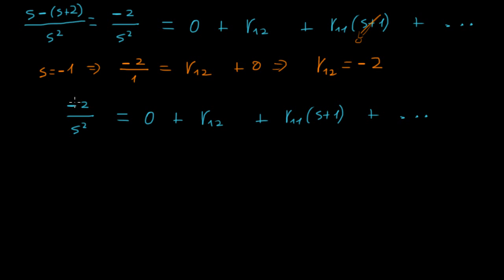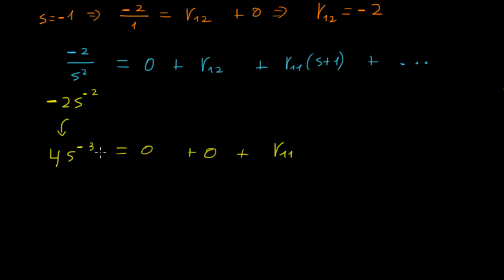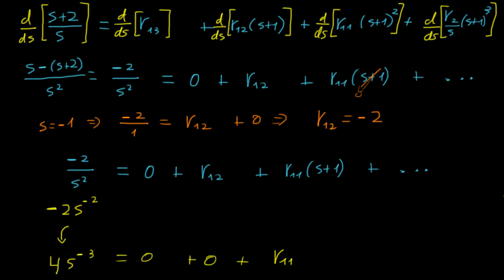A further differentiation leads us to, if we have here -2 s to the -2, its differentiation gives us 4 s to the -3 is equal to 0 plus r11, and if s is equal to -1, then the previous expression gives us -4 is equal, sorry, there's something I've missed.